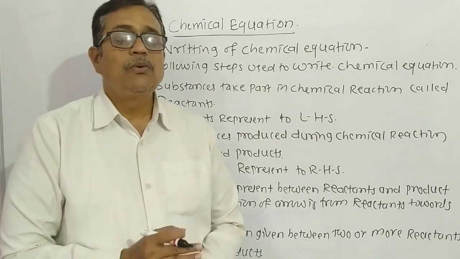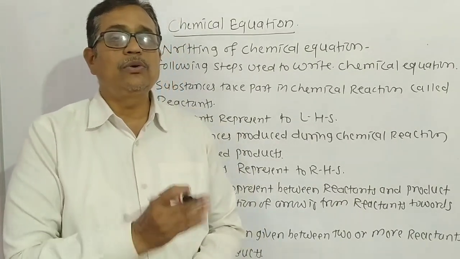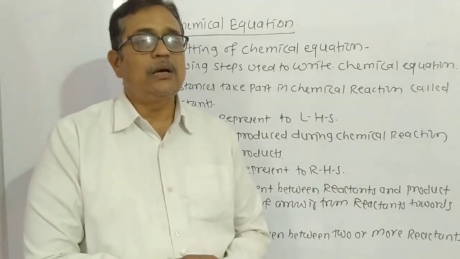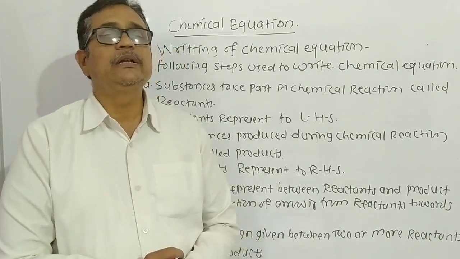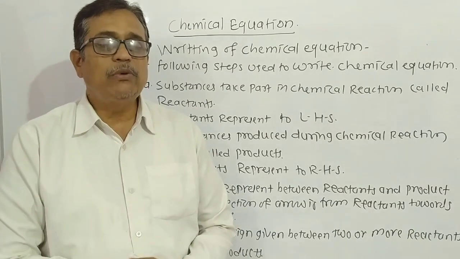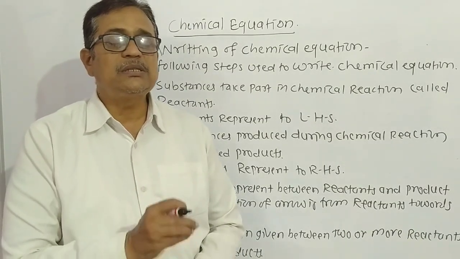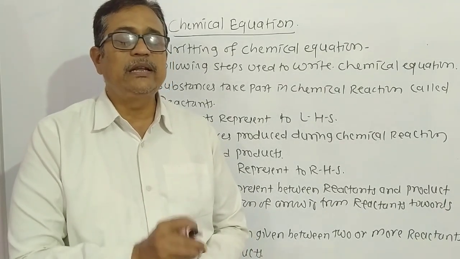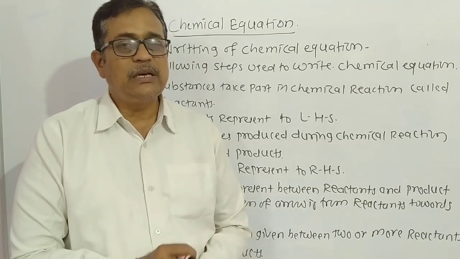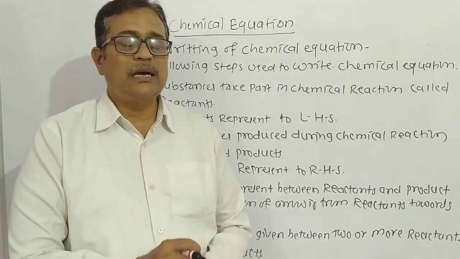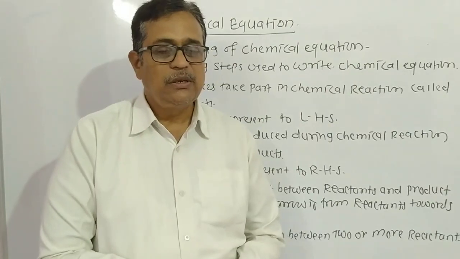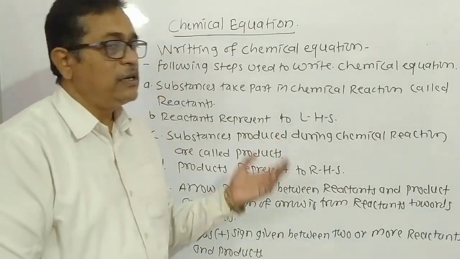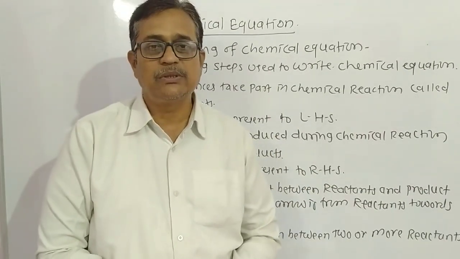Other than these, an upward arrow represents a gas involved in the chemical reaction, and a downward arrow represents a precipitate. Then one more point: mention the physical states of the reactants and products. If solid, indicate by small s. If liquid, indicate by small l, and if gas, indicate by small g. These are the steps involved in writing the chemical equation, along with its definition and example. That's all.